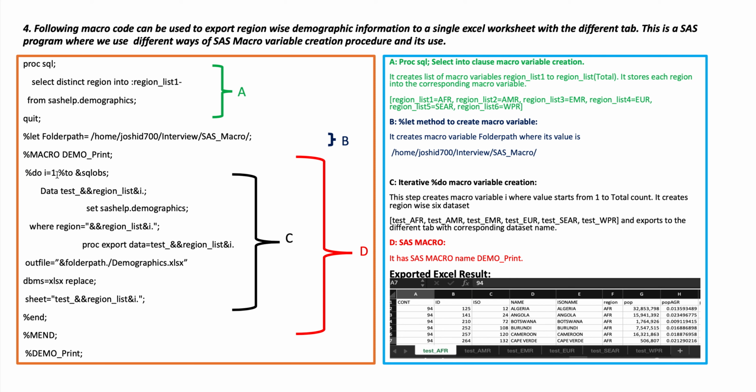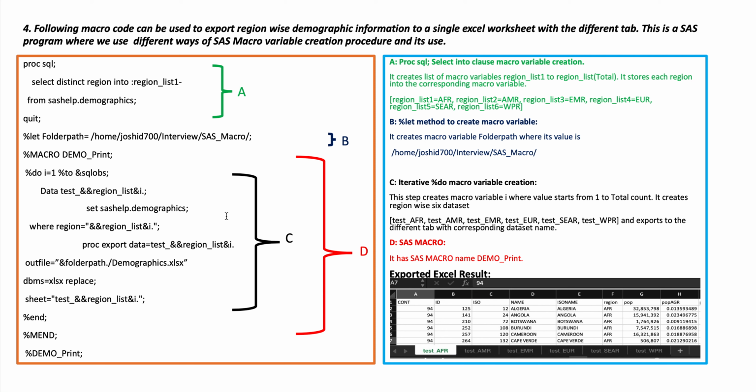Similarly, when I equals 2, it resolves to the second region, which is AMR, and the dataset name becomes test_AMR, and the tab name is test_AMR. In this way, it exports the demographics dataset into a single worksheet, demographics.xlsx, but with a different tab, as shown on the exported Excel result.